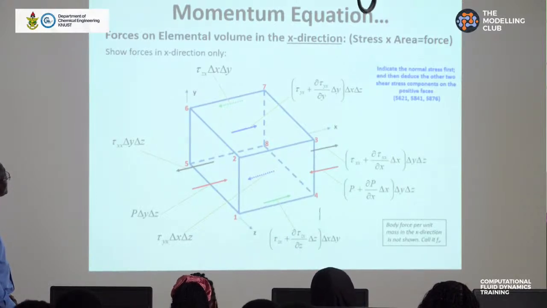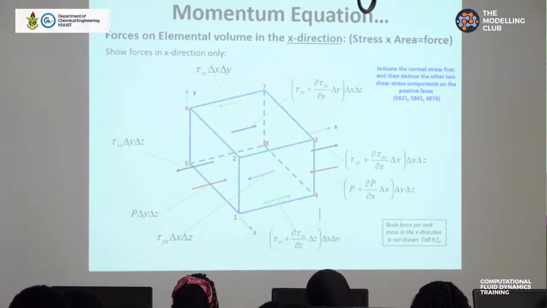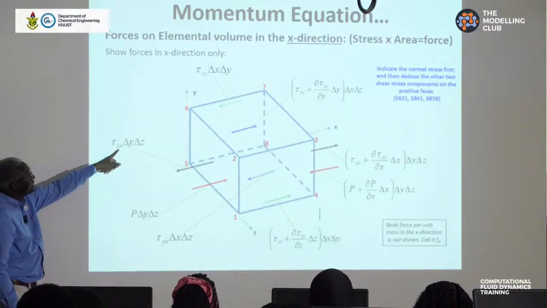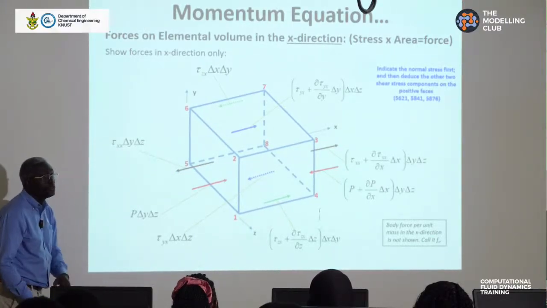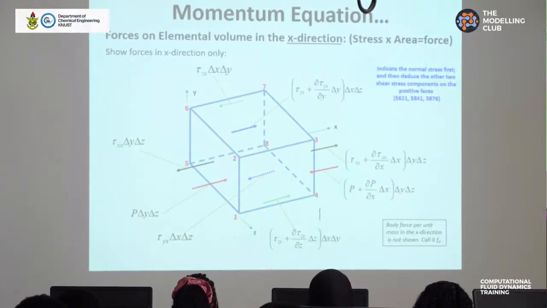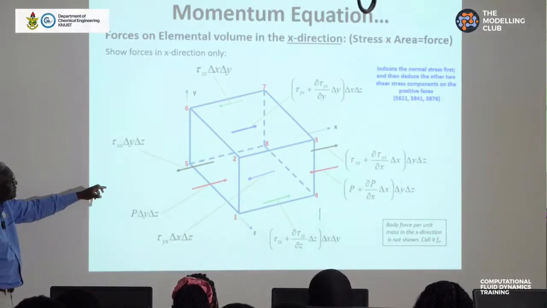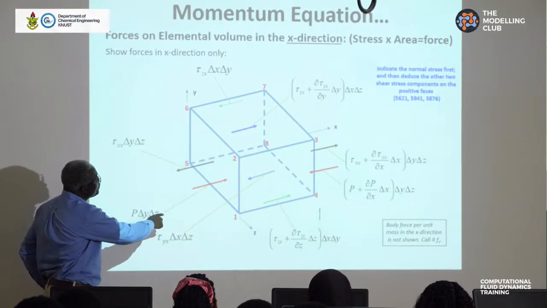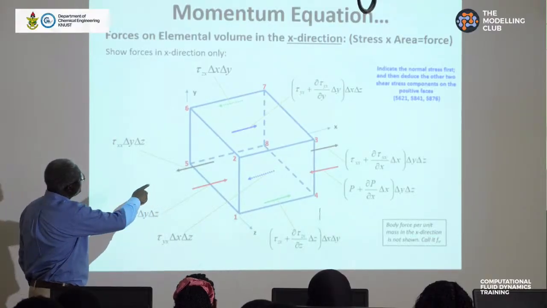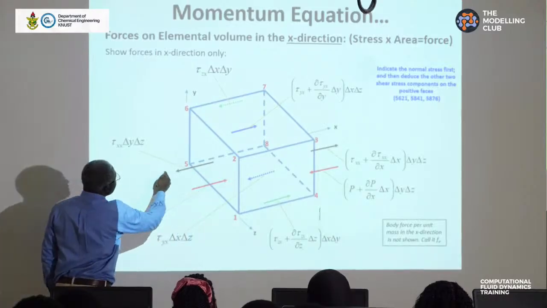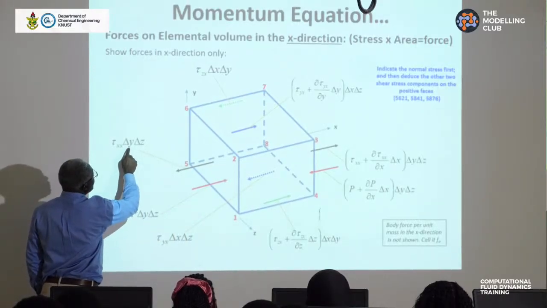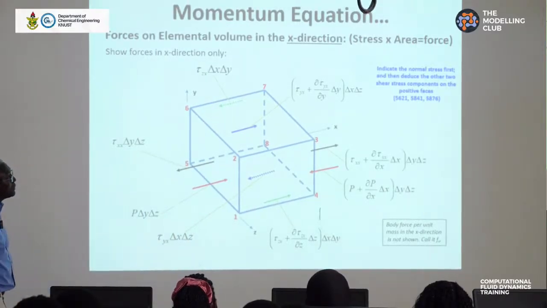Just like in the other directions. So now let us look at only the x direction, okay? You have tau xx, which will be the normal stress to the face, trying to extend the fluid, okay? So if I'm looking at the face 5, 6, 2, 1, I have this tau xx delta y delta z, okay?